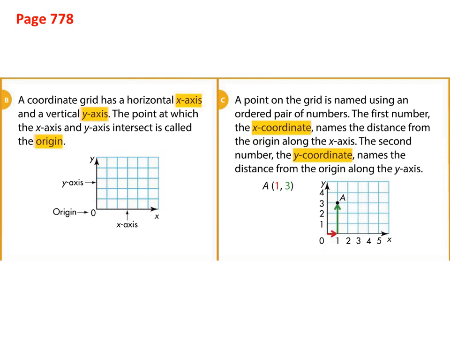From the origin point, move horizontally 1 step to the right, then go up 3 steps. So the coordinates of this point is 1 and 3. So again, run, then rise. Run 1 step and rise 3 steps. So the ordered pair of the point A is 1, 3.